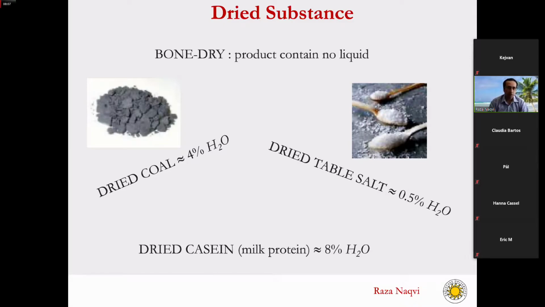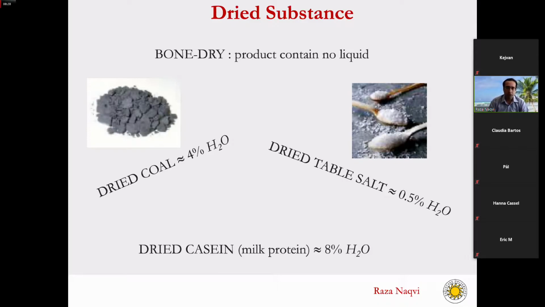But in order to make it bone dry, it is possible that you have to decrease the water content to less than 1%. The table salt that we use in our daily life, when we dry it, normally it has about 0.5% water content or moisture content.